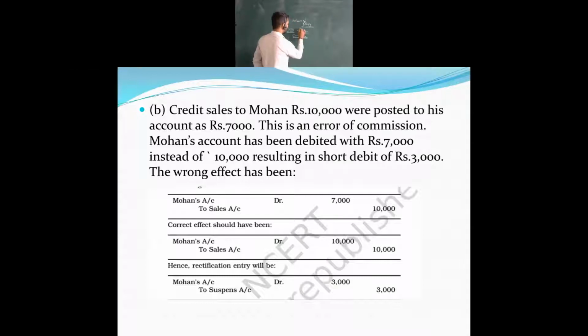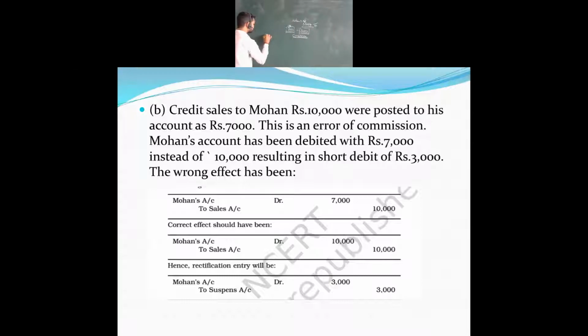Mohan's account has been debited 7,000, the debtor amount, whereas instead of 10,000 that has to be debited, they have posted only 7,000, resulting in a shortage of debit of rupees 3,000.